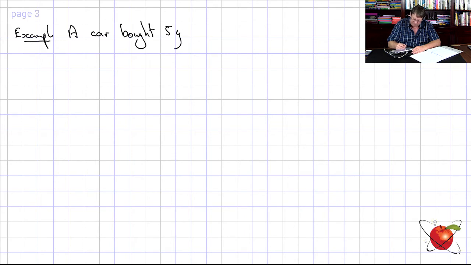Let's have a look at this example here. Okay. They say a car bought 5 years ago is worth 55,250 today. Those of you who think cars are assets, think again.